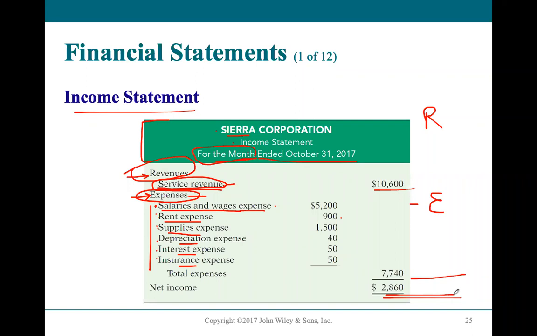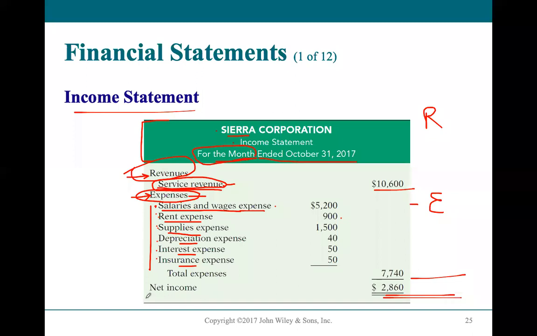They needed to spend $7,740 to run the business that month. So they actually collected more money in revenue than they used for expenses. And that's what a profit is. A profit is simply the difference when revenue is bigger than expenses.